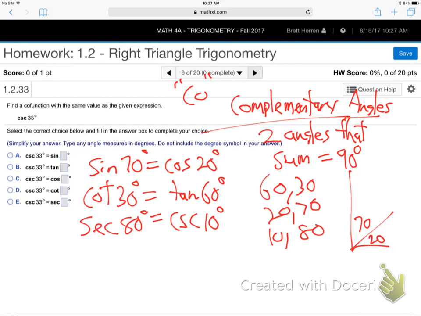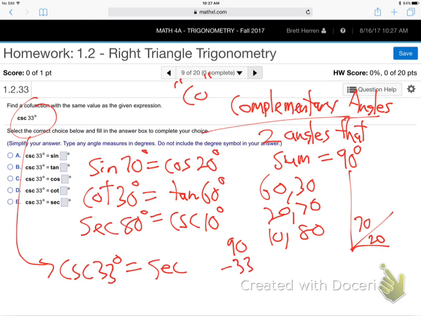So what about their question? Cosecant of 33 degrees. Let's do the light switch and switch the co option. It's got the co, so take it off. What function are we talking about? Secant, the same thing without the co. Now how do you find the angle? Just subtract from 90. 90 minus 33, what's that? 67?